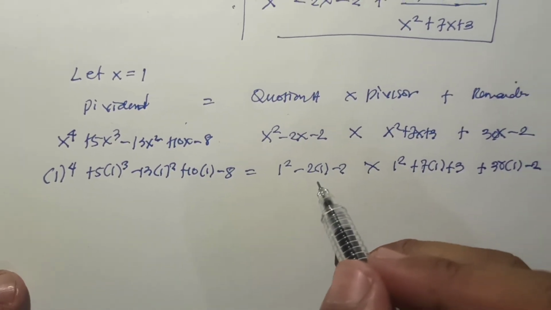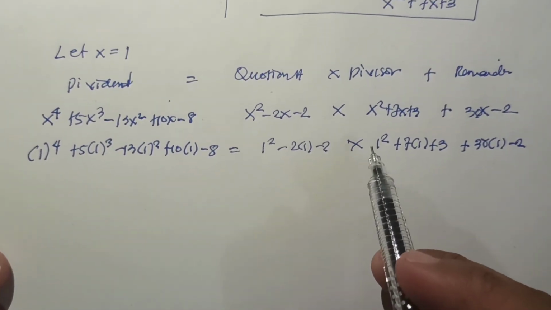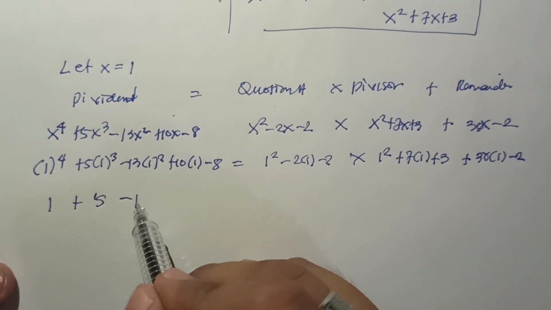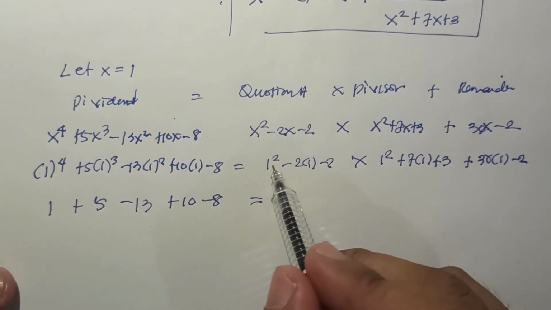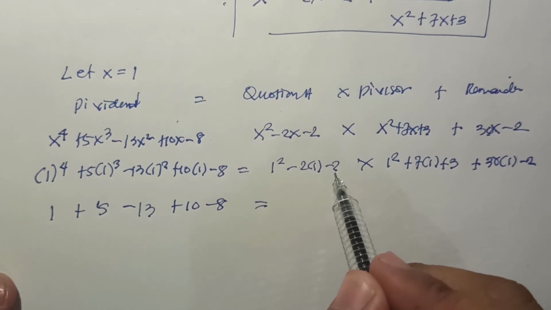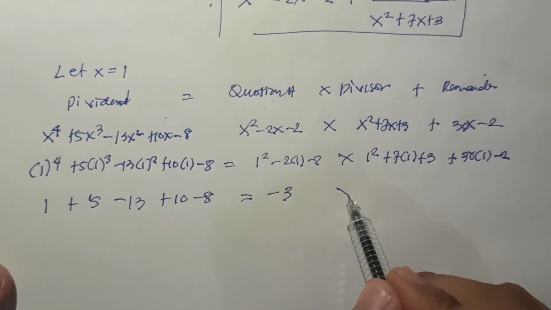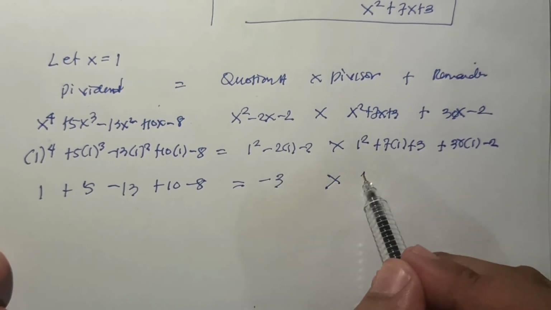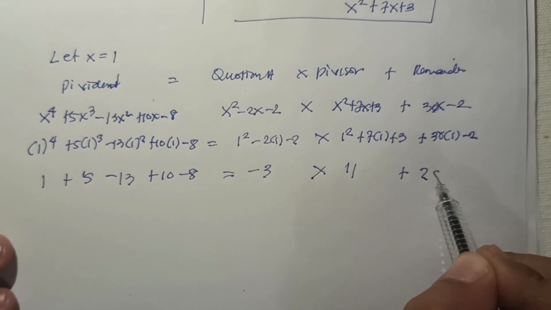So if we're going to substitute this 1 in this result, this is 1 plus 5 minus 13 plus 10 minus 8, which is equal to 1 minus 2 minus 2, that is equal to negative 4 minus 1, that is negative 3, times this is 1 plus 7 plus 3, that is 11, plus 30 minus 2, that is 28.